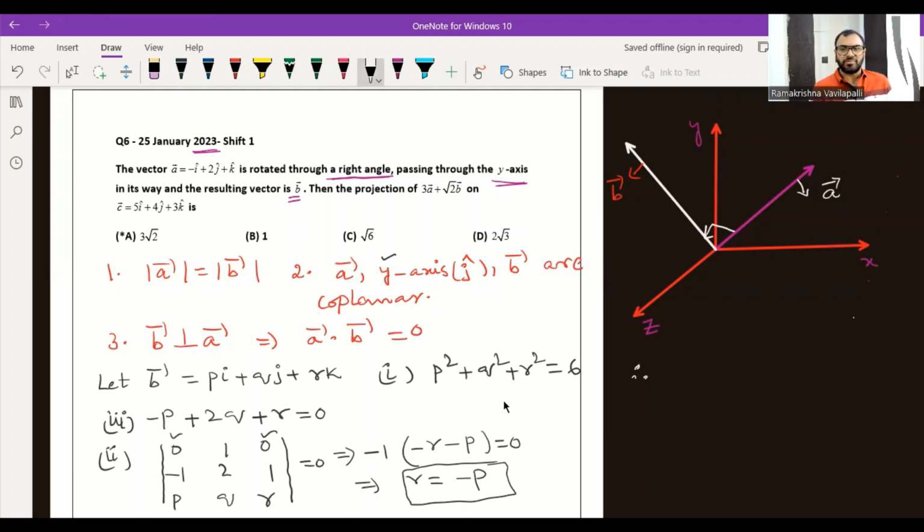Here I am solving, substituting R equal to minus P in the third relation. So substitute this, put in 1 and 3.